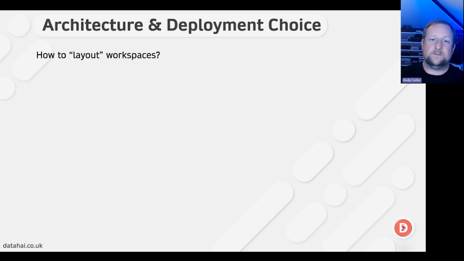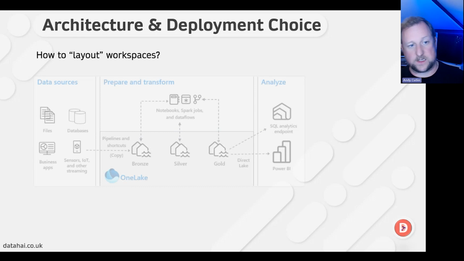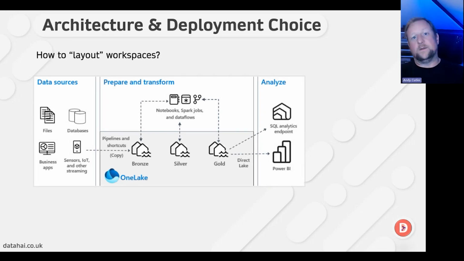When we're looking at architectures and deployments within Fabric, now we get into the workspaces issue of how are we going to lay out our workspaces. I've dropped this in from the Microsoft documentation because that's what you'll find when you browse the documentation. You'll see things like bronze, silver, gold with OneLake logos on there.